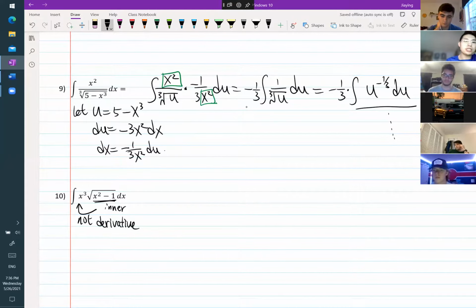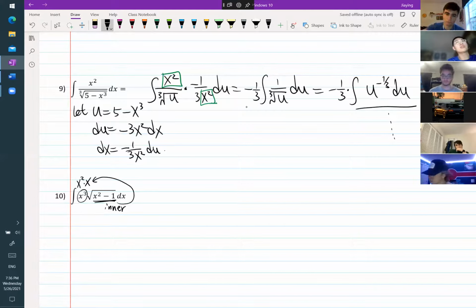The trick here is that the x cubed, you can write as x squared times x. So the x is a derivative of the x squared minus 1. So this x alone is a derivative. But the x squared, we have to rewrite using u. That's the trick. So nevertheless, let's try to use substitution.